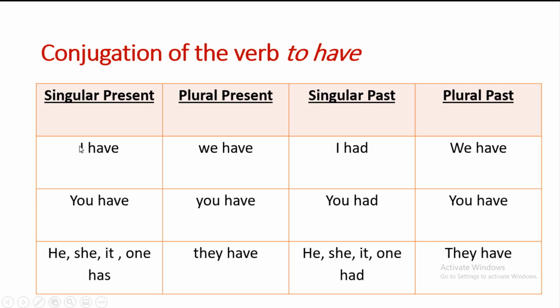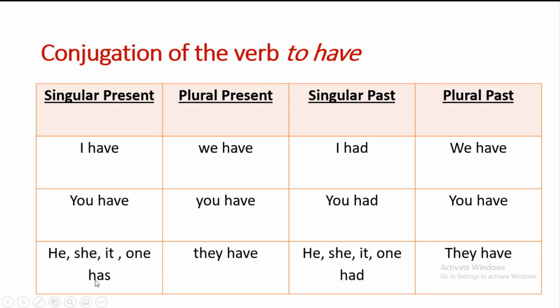Singular verbs go with singular pronouns, so I say I have, but here have also goes with plural pronouns. Okay, this is an exception, you know. I have and we have, all right. You also takes have, but he, she, and it, which are singular pronouns, take has.